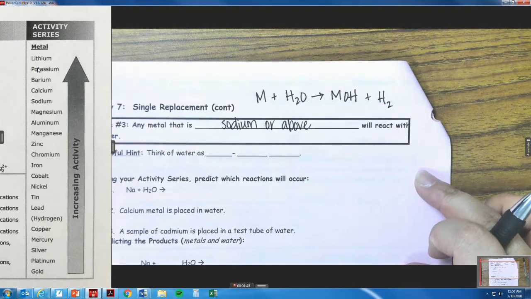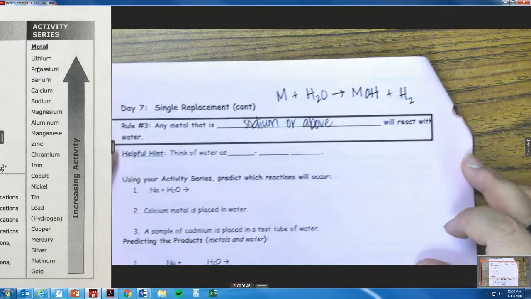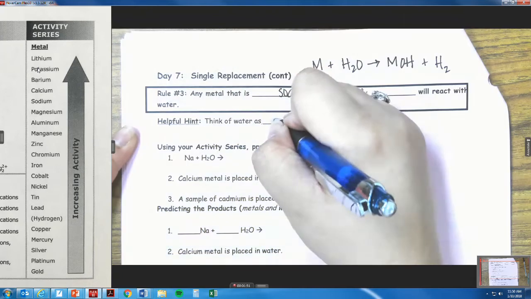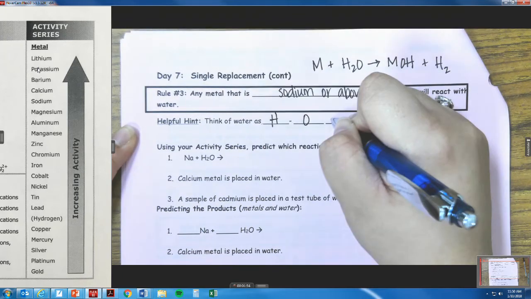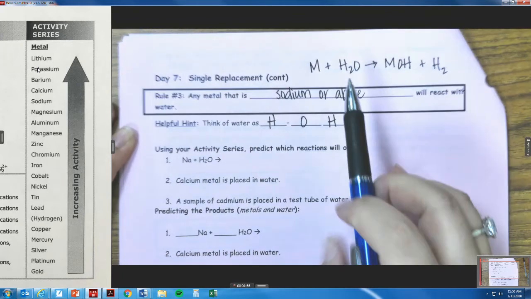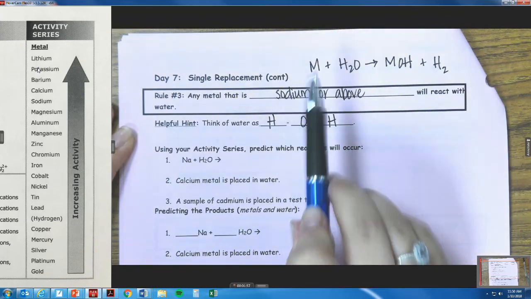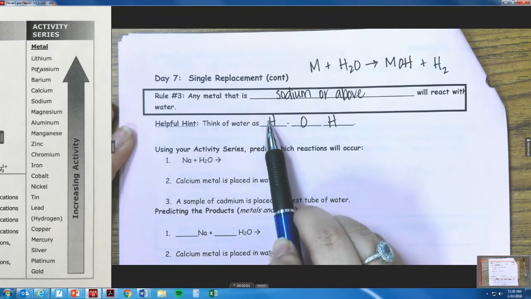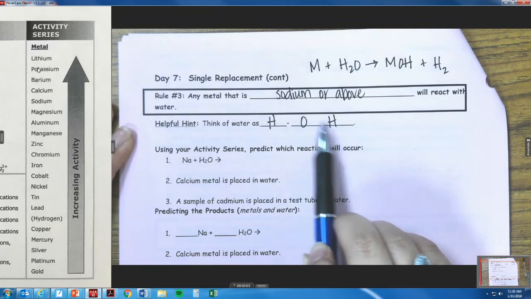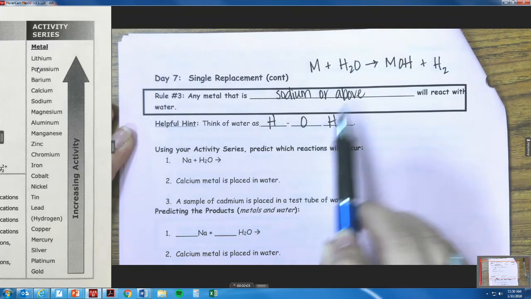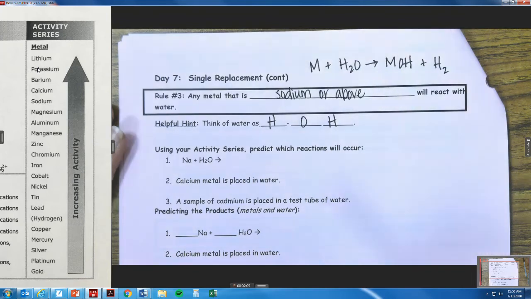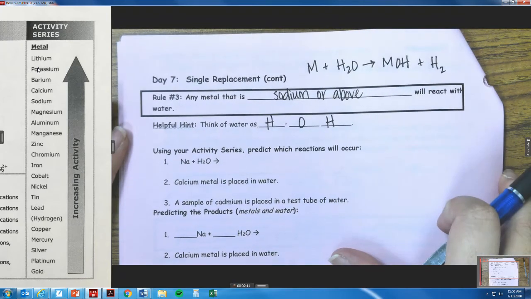Okay, so sometimes it's easier to actually think of water as HOH, because again, what the metal is going to be switching with is only one of the H's. So that way your OH can be the one that's combined with your metal. Okay, so let's take a look.